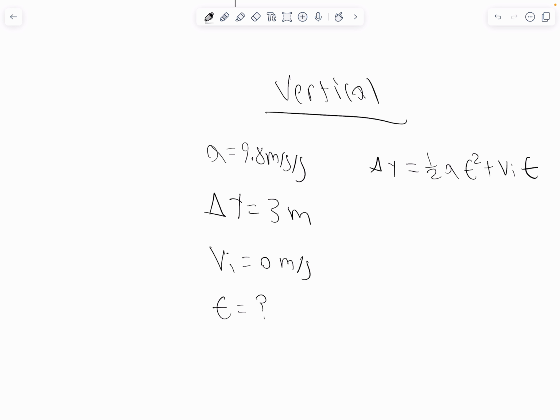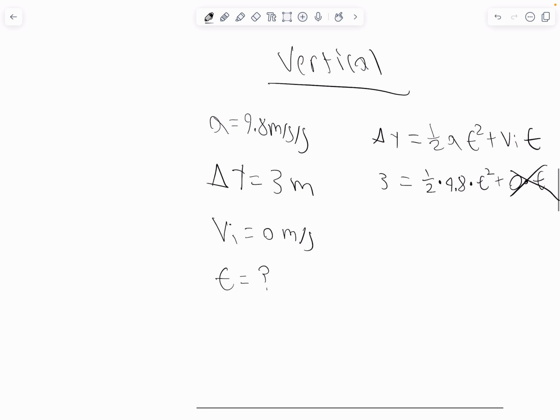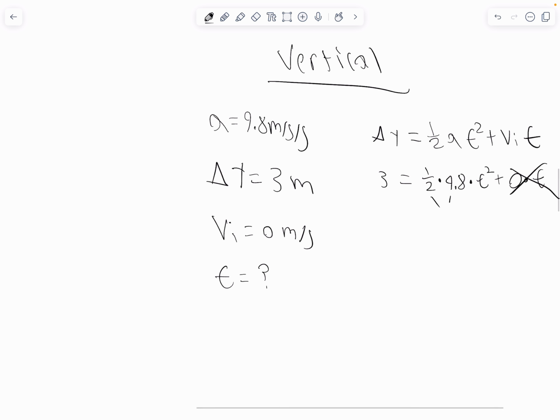We replace our distance with 3, 1/2 times our acceleration due to gravity, which is 9.8 meters per second squared, times our time squared, which is what we're trying to solve for, plus our initial velocity, which is 0, times our t. 0 times whatever number is going to cancel out to 0 anyway, so we can get rid of that. We're going to do 1/2 times 9.8, which is going to give us 4.9.